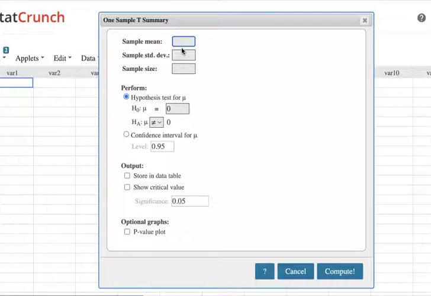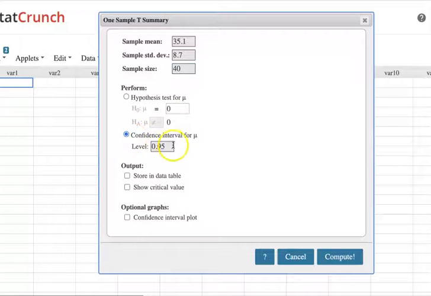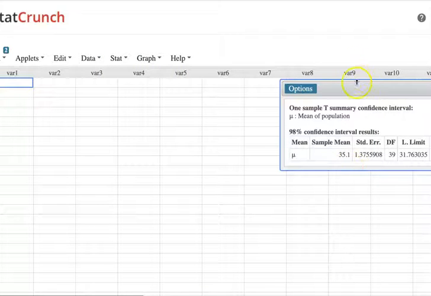So type that in now: 35.1 and 8.7, sample size 40, choose confidence interval, in this case 0.98 for 98%, and then click compute.